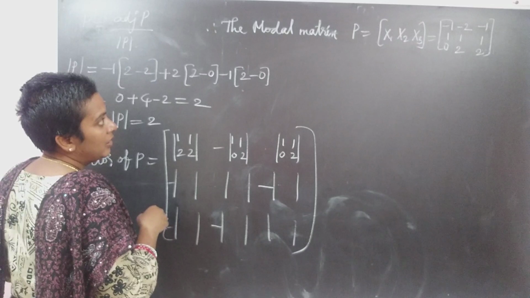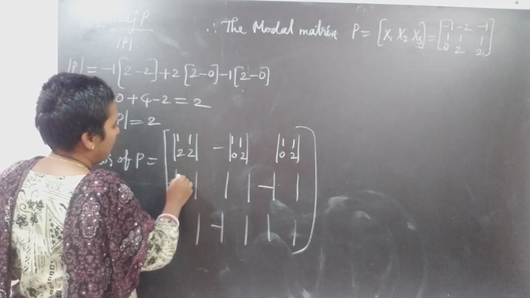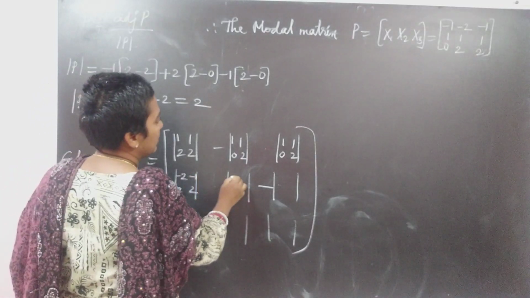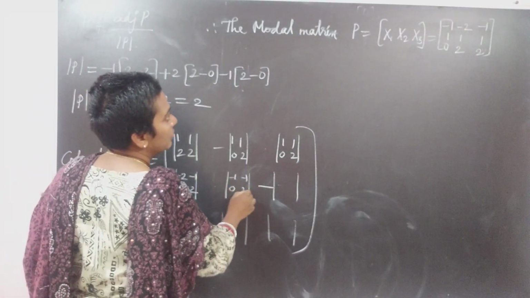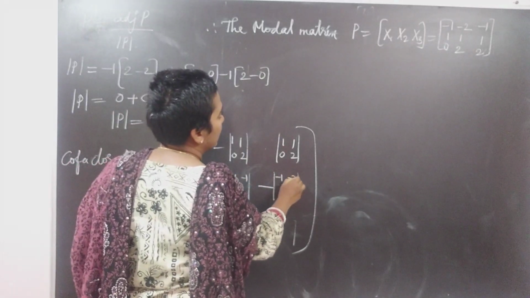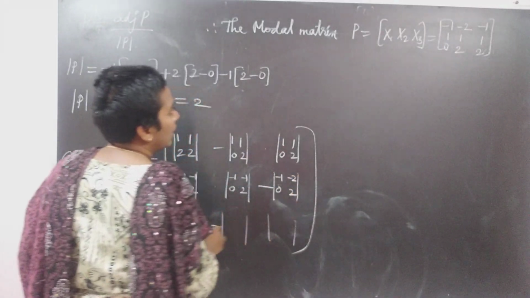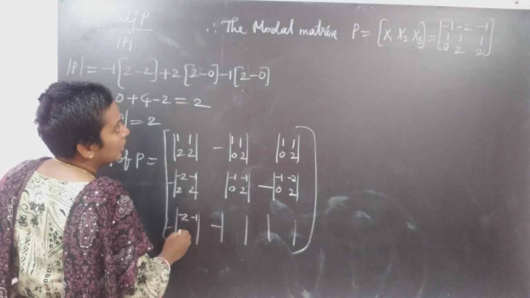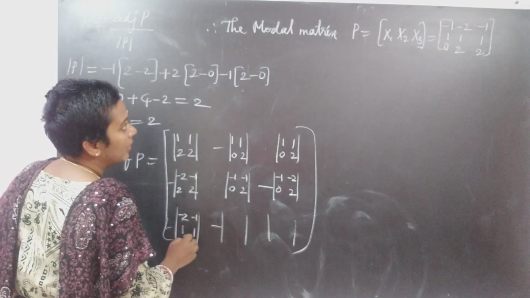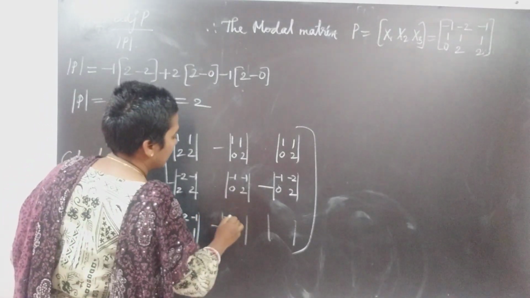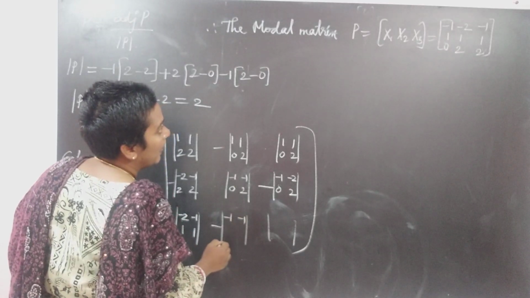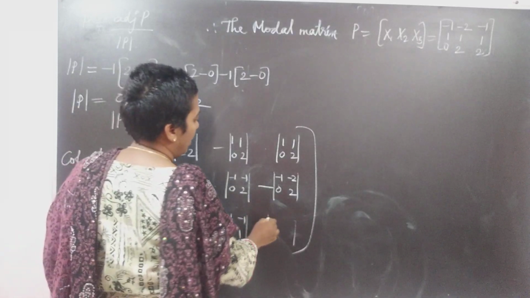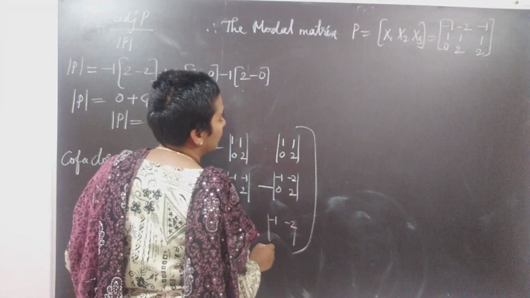Elimination of middle row and first column: minus 2, minus 1, 2, 2. Minus 1, minus 1, 0, 2. Minus 1, minus 2, 0, 2. Minus 2, minus 1, 1, 1. Minus 1, minus 1, 1, 1. Minus 1, minus 2, 1, 1.